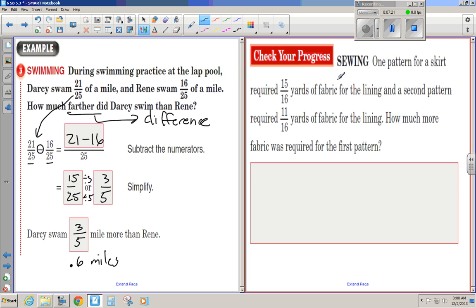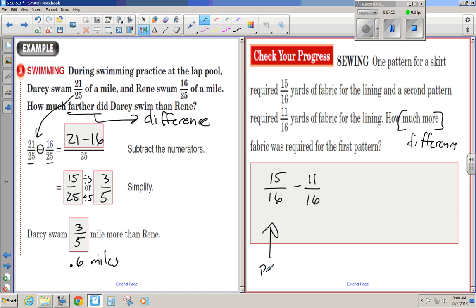All right, another check your progress. One pattern for a skirt requires this much. Second pattern requires this much. How much more fabric was required? How much more? All right, that's dealing with a difference again. If it said how much in total, it'd be the sum. We're dealing with a difference. So always, when you're finding the difference, set the bigger number up first. That way you don't use negatives.